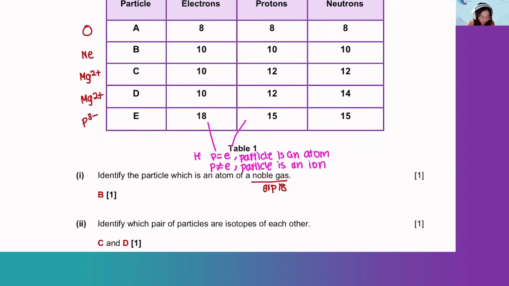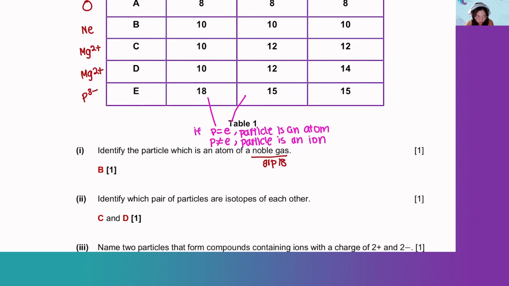Then we identify which pair of particles are isotopes of each other. Let's very quickly recall the meaning of isotope: atoms of the same element with the same number of protons but different numbers of neutrons.